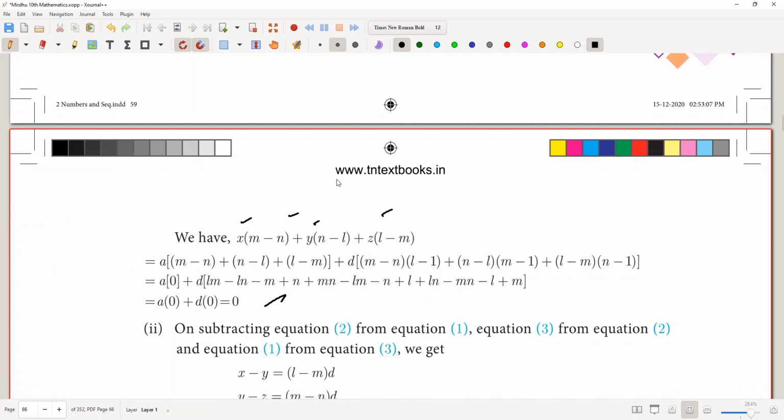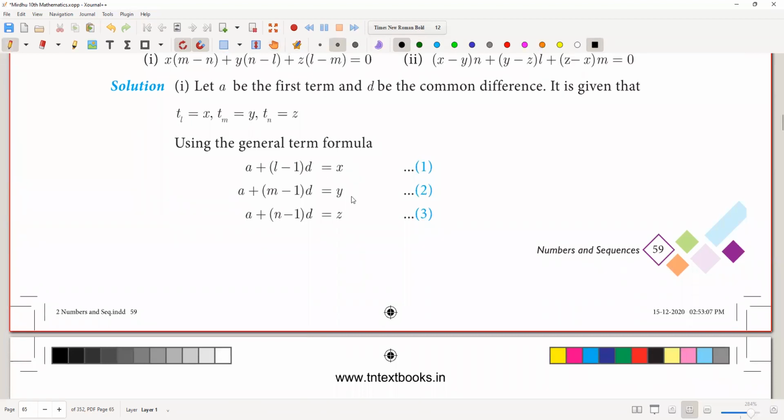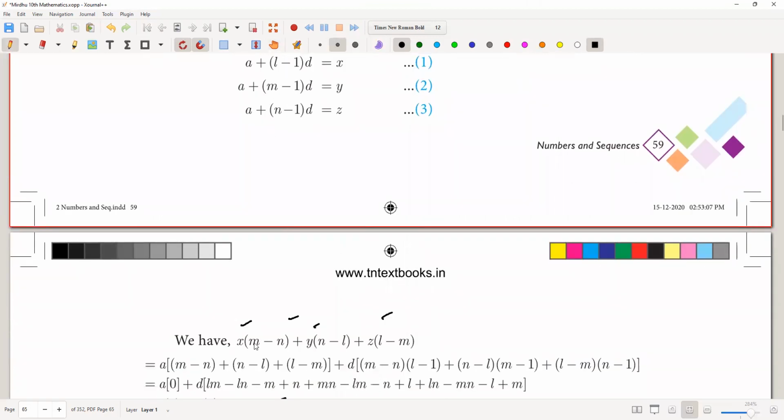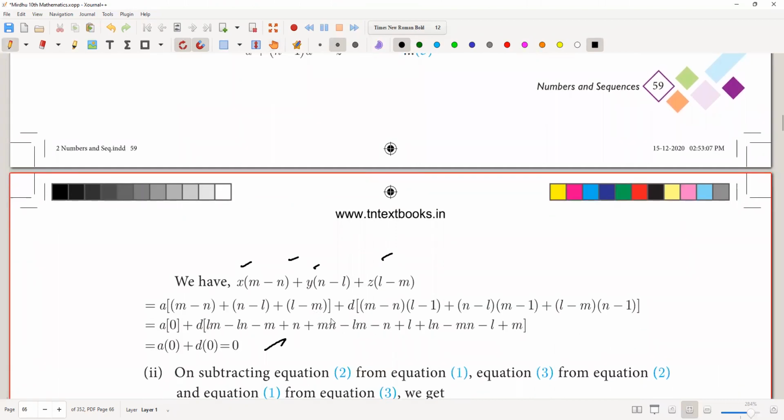Okay. See here, from the general formula I already know x, y and z. I'm just going to substitute this x, and multiply the value with m minus n. All right. With y, I'll be getting the answer. Doing each one slowly, I will be getting the answer. Everything would be cancelled. I'll be getting the result.